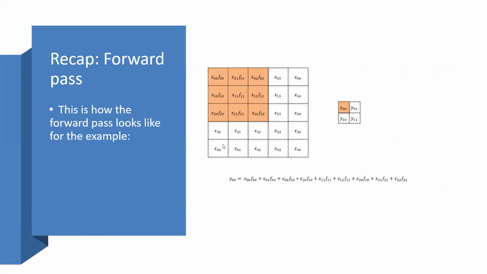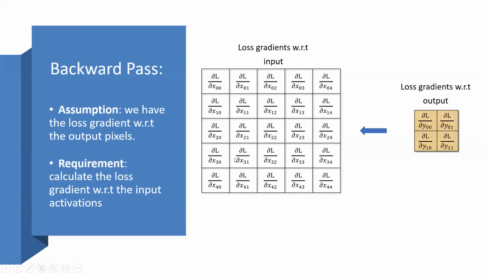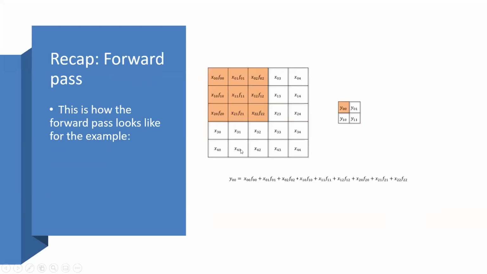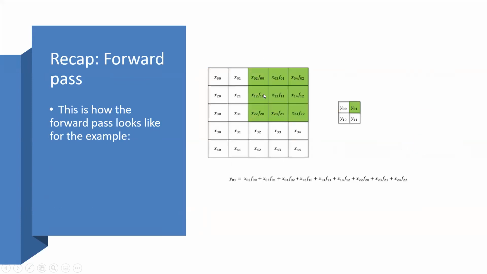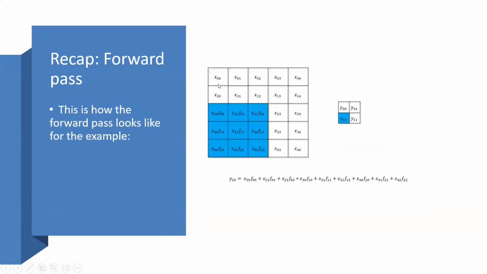So in the forward pass, this is how it will look. The filter will now go, but this time it's going to... I don't know why the animation is not playing. Okay, yeah, sorry about that. So you see how the filter moves with the stride of 2.